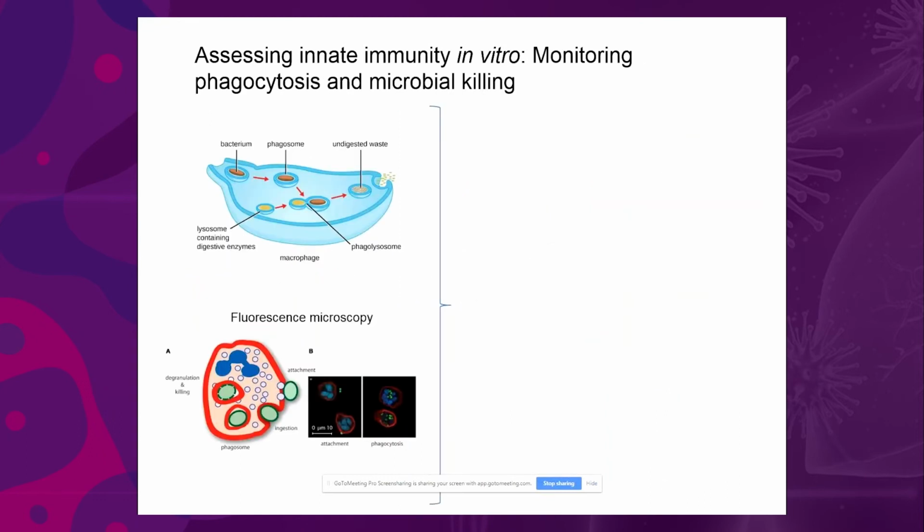Now, when we talk about innate immunity, of course, we think of phagocytosis of microbes, and microbial killing. And this again can be done by simple assays in culture, where again we can look at macrophages. Much of what I'm talking about is applicable to dendritic cells and neutrophils as well. Similar types of assays can be used.